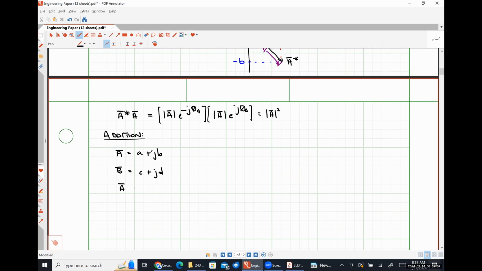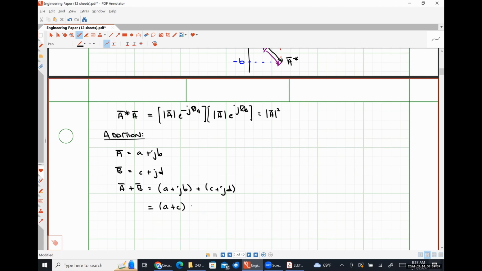If I want to add A and B together, what's that going to look like? Well, I'm going to have a plus jb plus c plus jd, and I'm going to add these exactly as if they were vectors. So the real parts are going to add together, and the imaginary parts are going to add together.